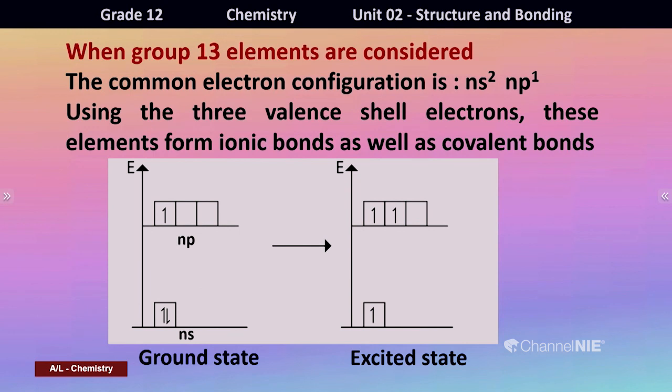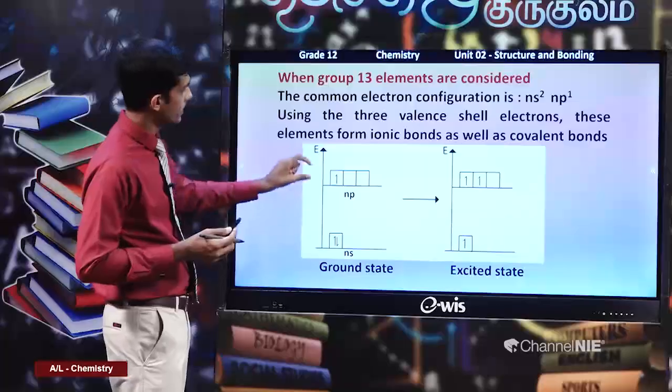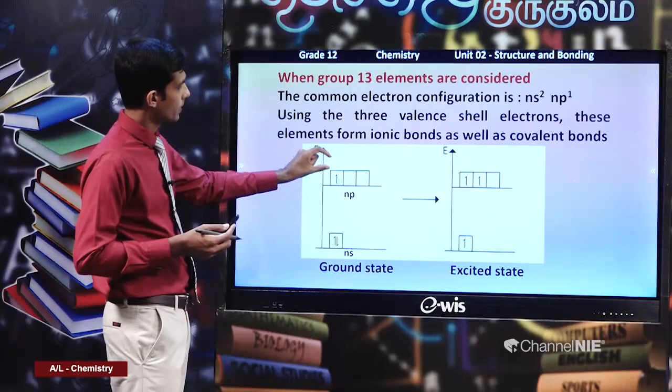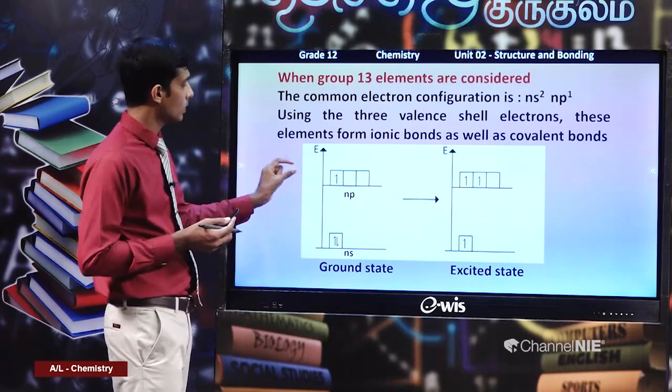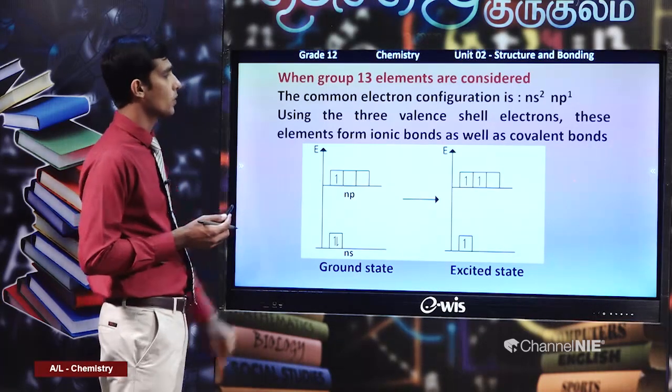So in the ground state it looks like it can form only one covalent bond, because we know that covalent bonds are formed by overlapping of unpaired atomic orbitals, and by overlapping of a paired atomic orbital and an empty orbital. Therefore, looking at the ground state configuration, it looks like this can form one simple covalent bond, and in addition it can form a dative covalent bond because of that paired orbital.